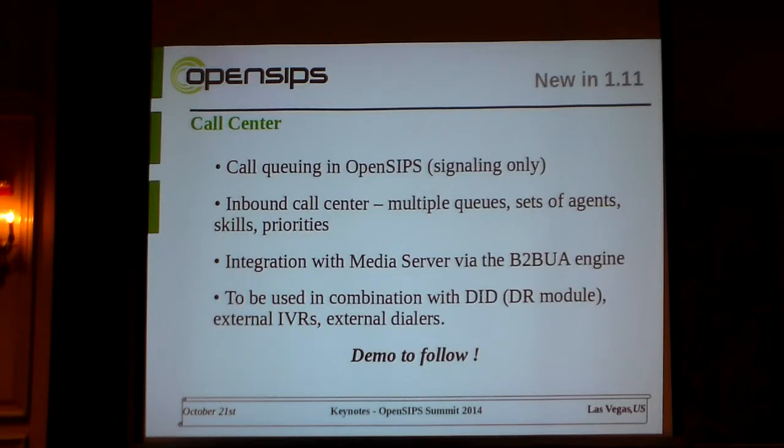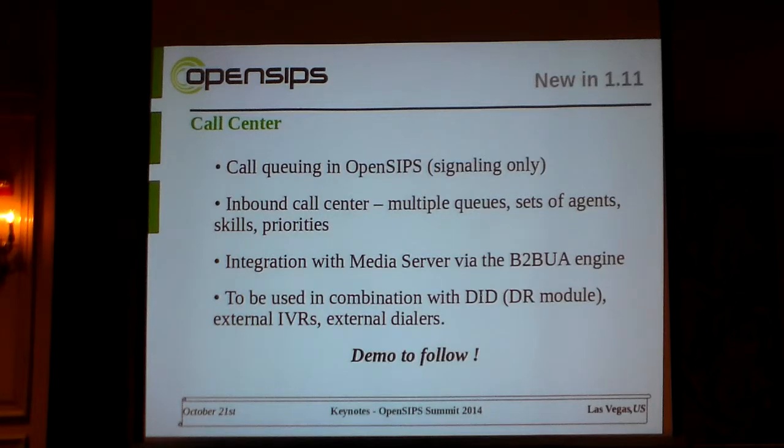Also on the high level end, starting with 1.11 we have the call center module, which is actually a call queuing system. We have a lot of people trying to do different kinds of integration of OpenSIPS with Asterisk, trying to solve the problem of queuing, scaling the queuing in Asterisk.